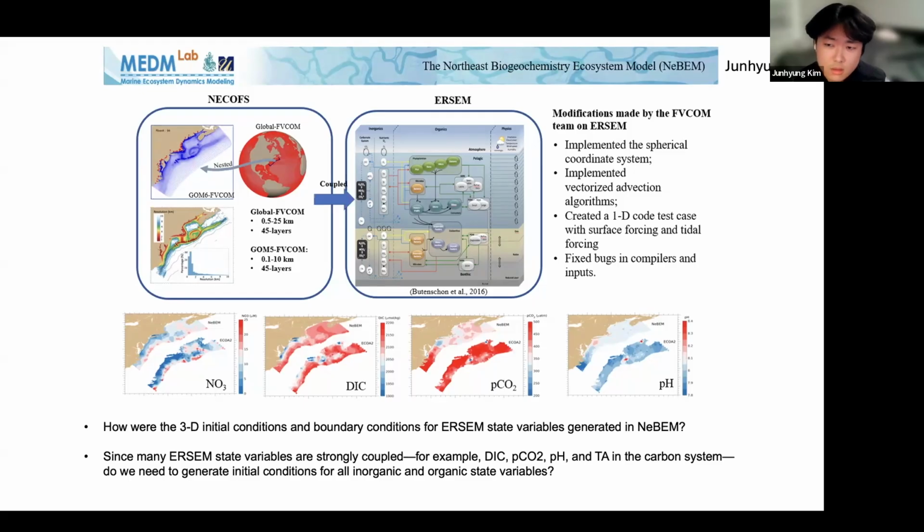For the NIPM case, I'm wondering how the 3D initial conditions and boundary conditions are generated and work. It seems like we need to make them for all inorganic and organic state variables, but it would be really hard to find observational data which can cover the whole NICOPS domain. So that's my question.